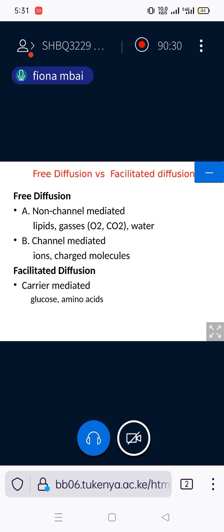Thank you. So free diffusion and facilitated diffusion are two types of diffusion. So far to this point of your education, you've only known about one type of diffusion, it didn't make any difference, but there's the free variety and the facilitated variety.